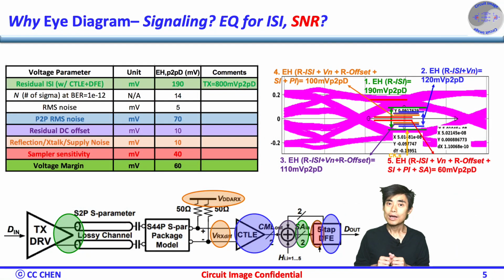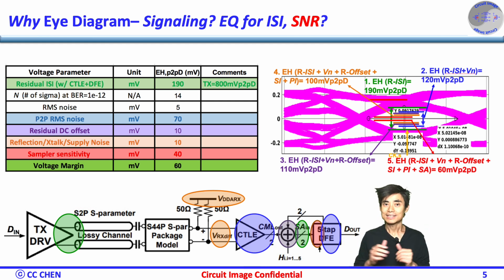Besides the eye size, we need to have a complete signal-to-noise, SNR, link budget in a SerDes system, including other unwanted signals added into the noise category.